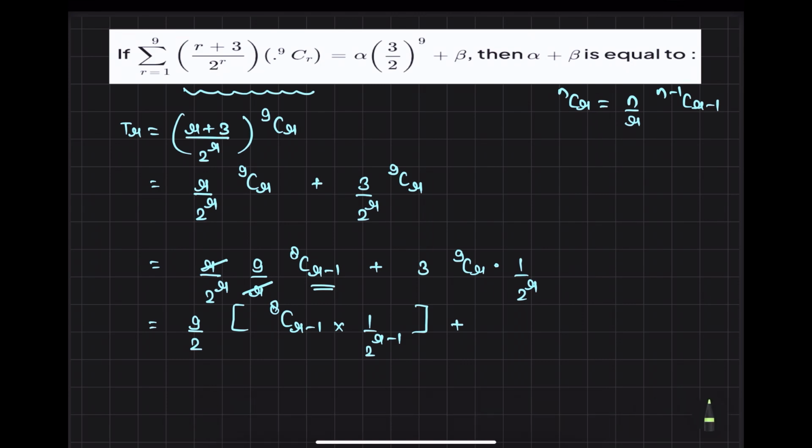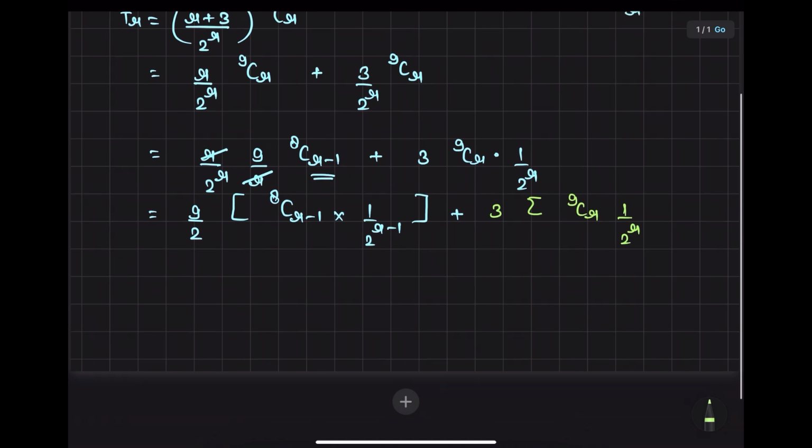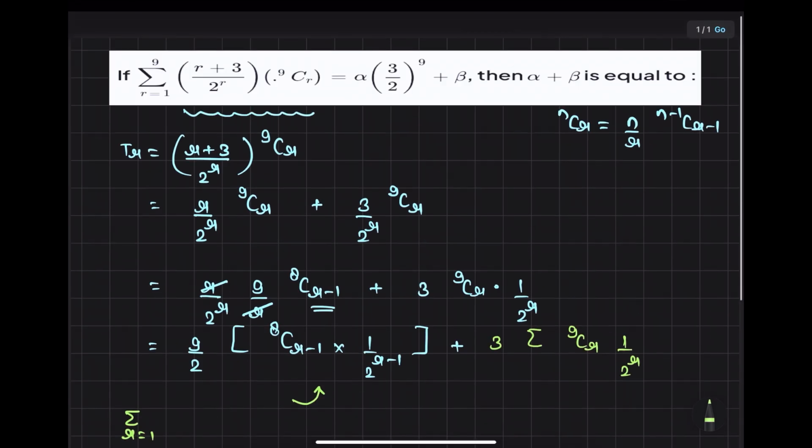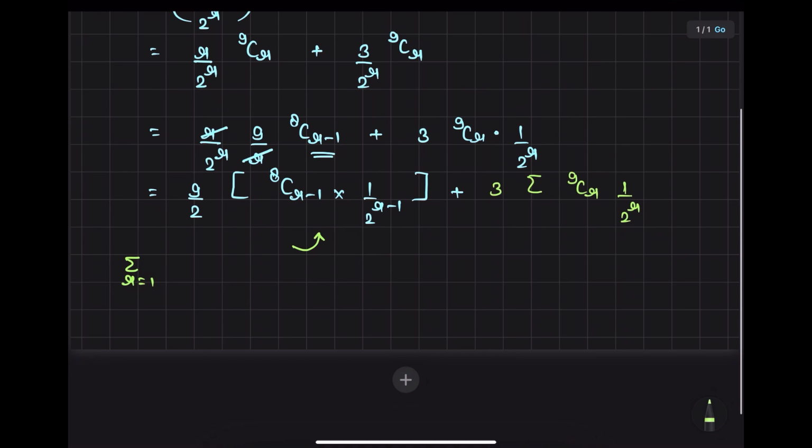Now look at the second part. In the second part we will take 3 common and the second part is 9cr 1 by 2 power r. Okay, so just look at this part. Let's apply the summation property. R starts from 1 to 9.